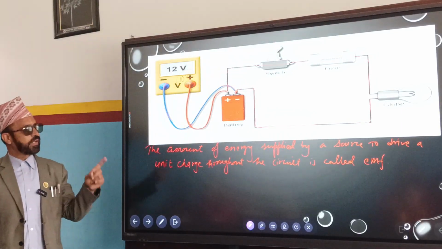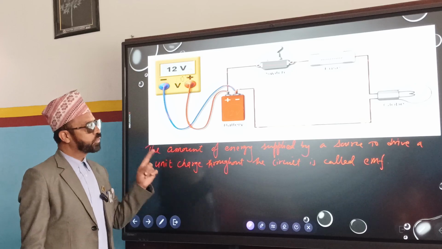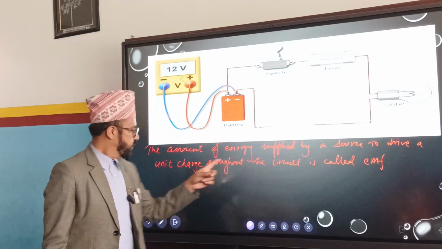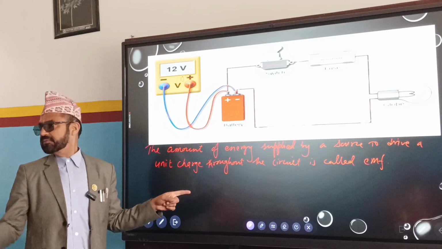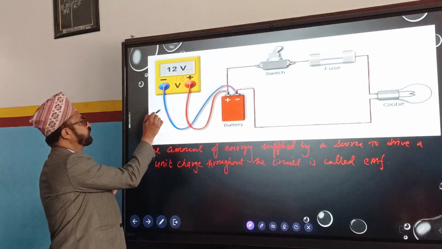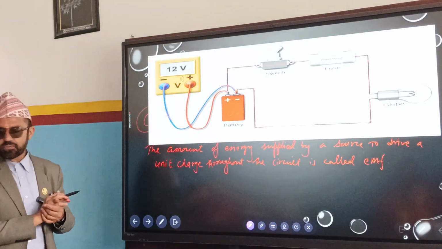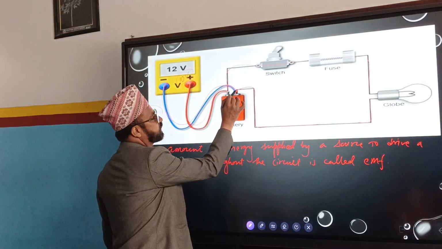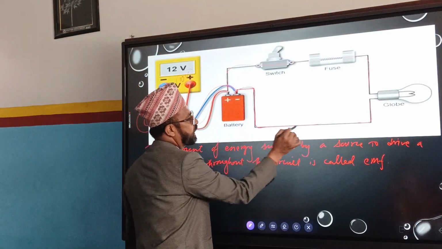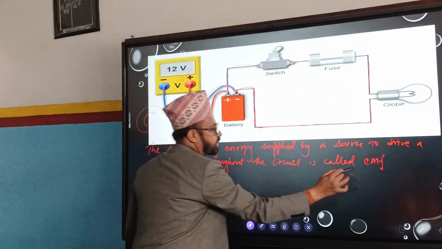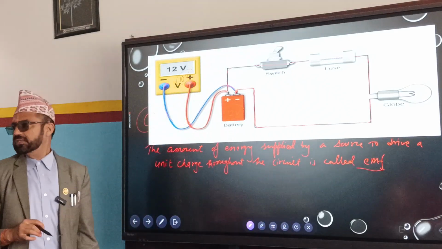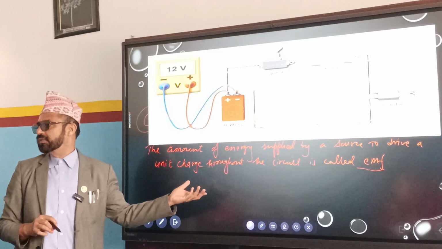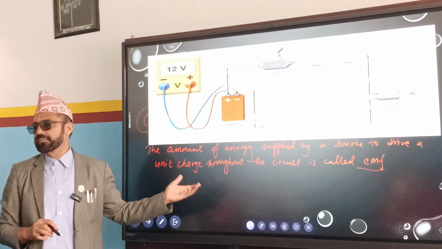The amount of energy supplied by a source, this is the source, to drive or to carry a unit charge. Charge is measured in coulomb. One unit charge throughout the circuit. If that much energy is supplied to carry a unit charge throughout the circuit, what is it called? EMF. And we'll discuss more about the differences between EMF and PD also.